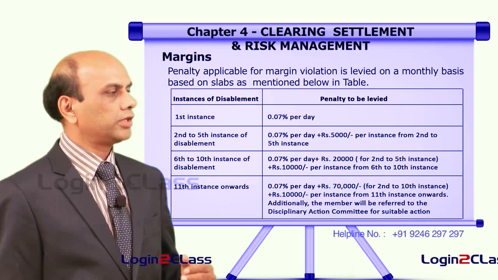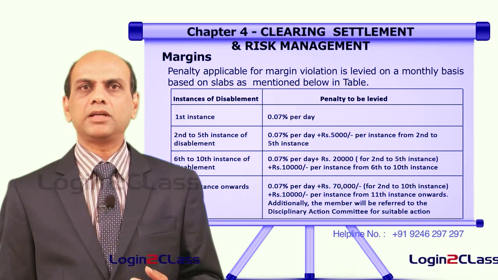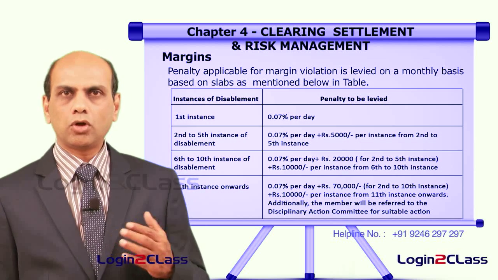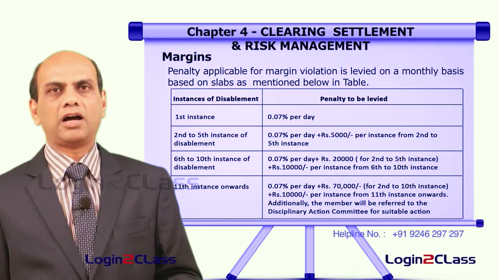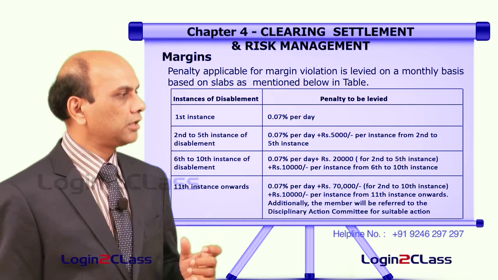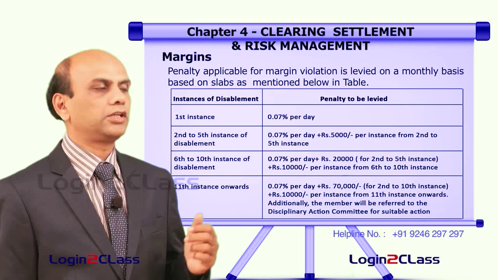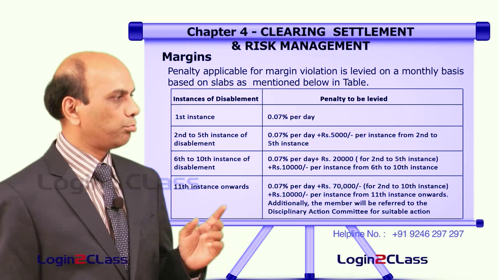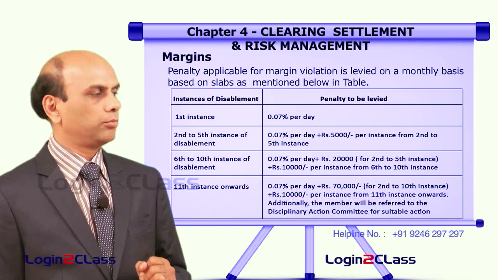From 11th instance onwards, that means after disablement, the trading member is not able to pay even from 11th day, what happens? The penalty will be as given in the table, 0.07% per day, that is the first penalty.